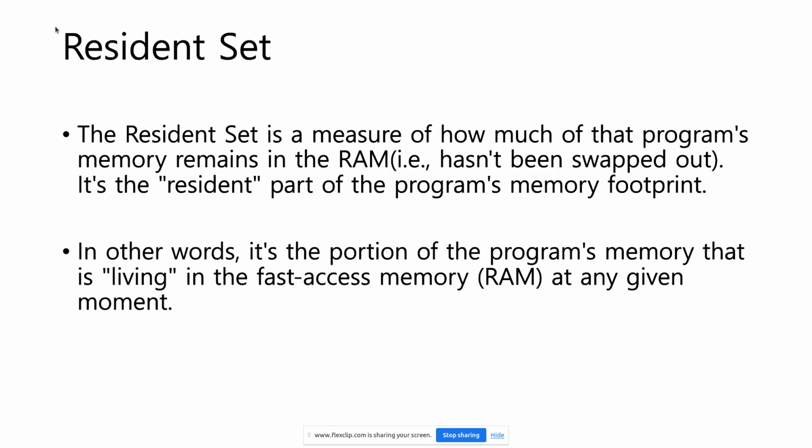So what's the resident set? The resident set is a measure of how much of the program's memory remains in RAM, which means it hasn't been swapped out. It's the resident part of the program's memory footprint. In other words, it's the portion of the program's memory that is living in fast access memory at any given moment.